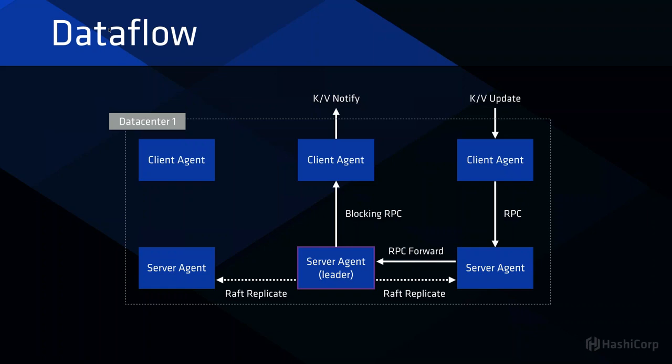It's doing a blocking remote procedure call, so it's waiting for that particular key to get updated. So we see that it's got sort of a long pole operation that wakes up and gets a response, and some application on that node gets a key value notification, so it learns that that key has been updated. So that's kind of a basic interaction with Consul from sort of a plumbing perspective.